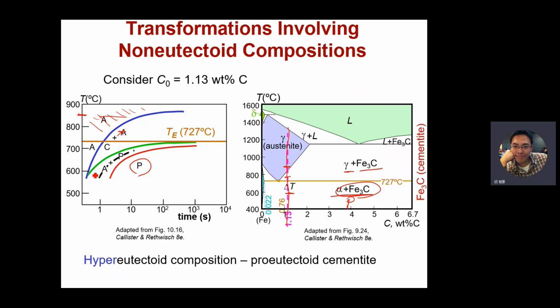Okay, in between might be some two-phase region still existing, like the austenite and the perlite coexisting. In this region, it's cementite with austenite, right?